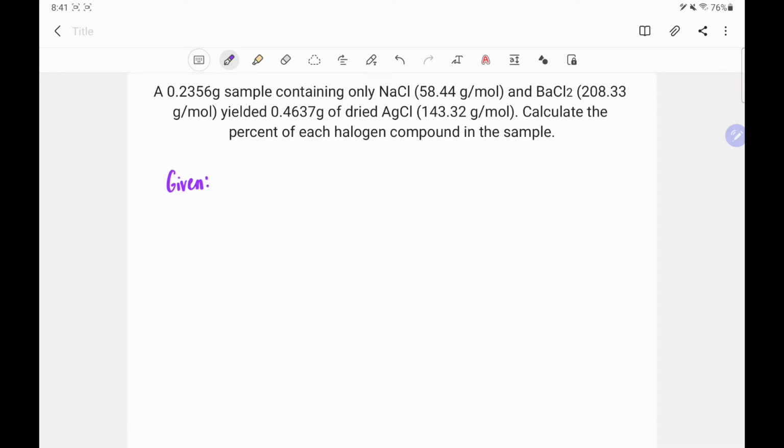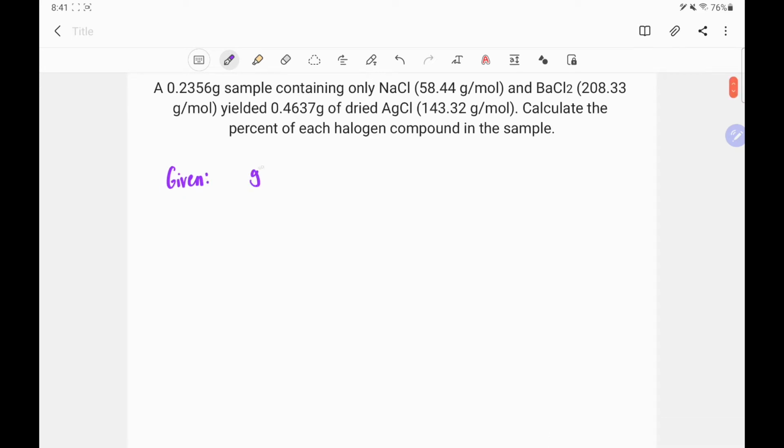Let's start by saying that the grams of sodium chloride plus the grams of barium chloride should equal 0.2356 grams. Again, this is a sample containing only sodium chloride and barium chloride, so this shouldn't be too controversial.